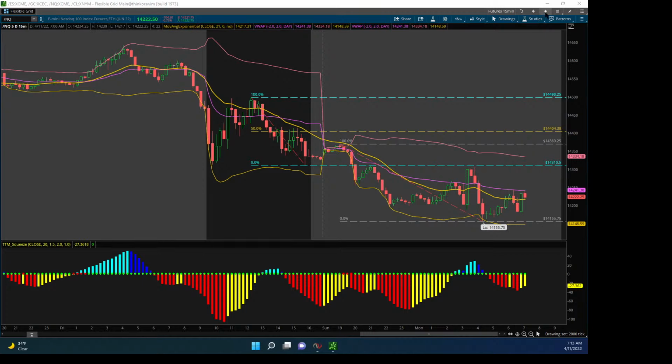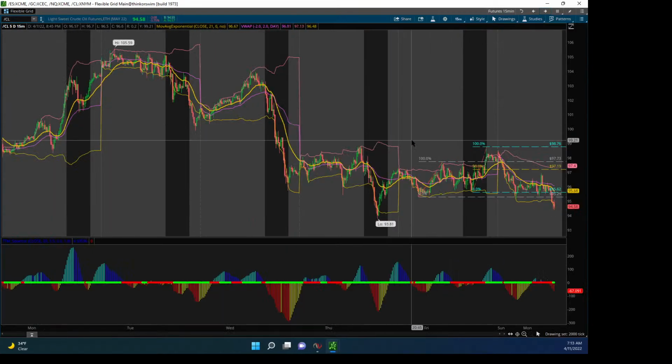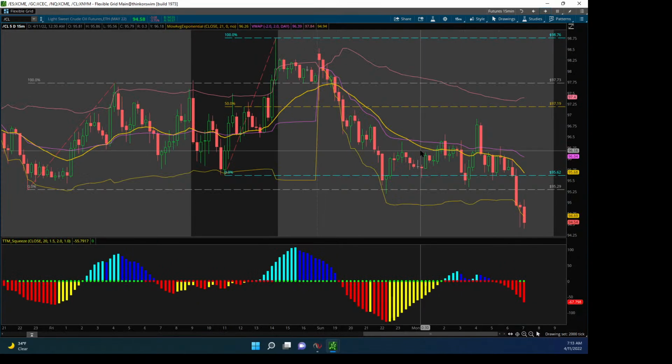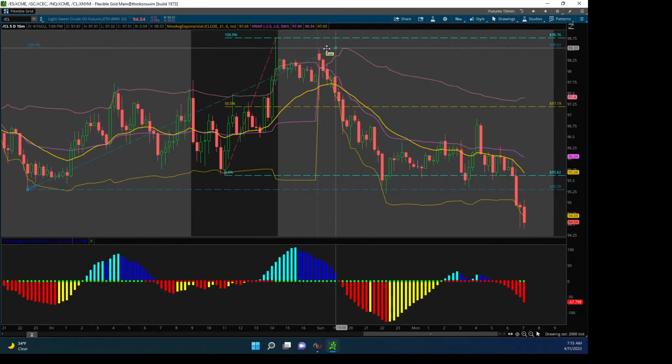And next up is oil. The overnight in oil is that one there at the open last night. I'm gonna mark that one, even though this one is a live candle on the 15 minutes.